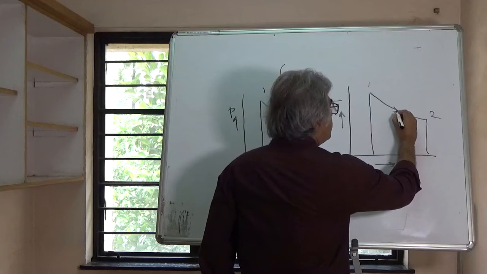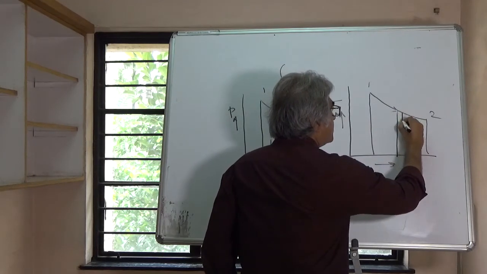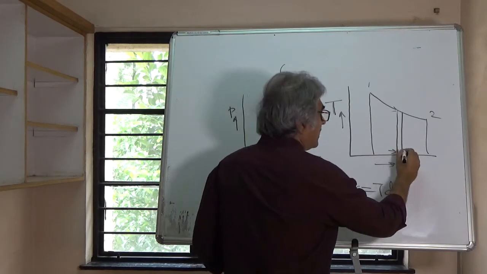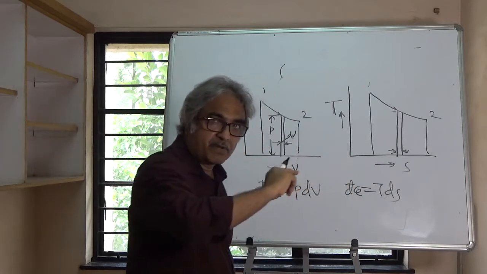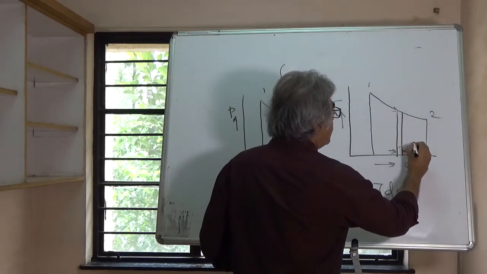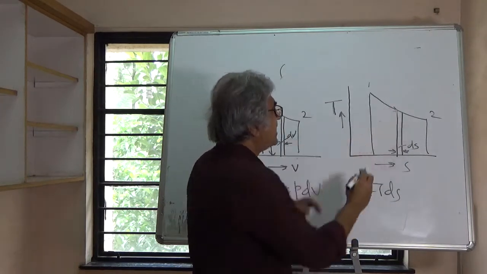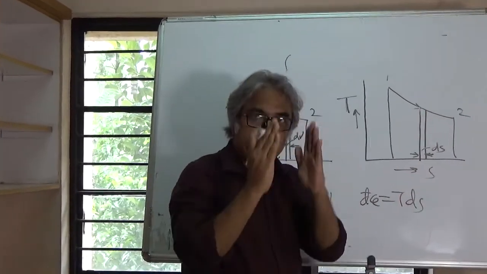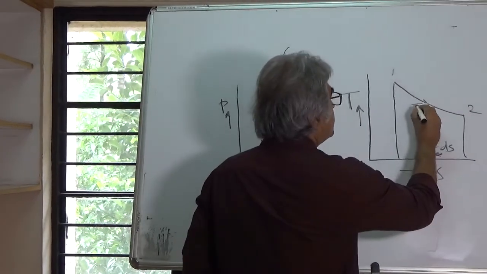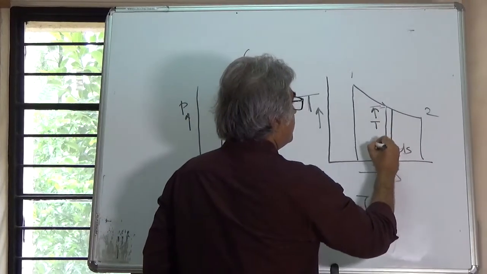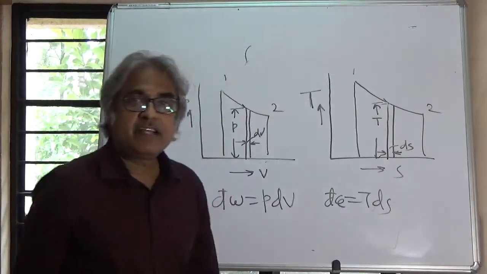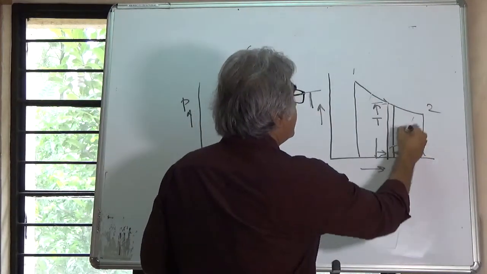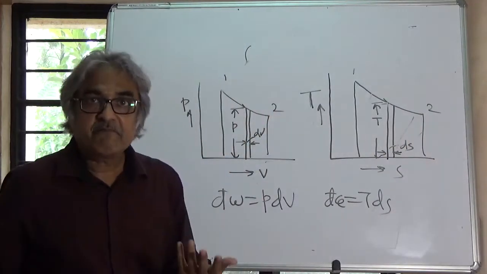So how do we find out this total area which will be heat transfer? Let's consider a small strip. The width of this small strip, because x-axis is representing entropy change, is dS. The height of the strip, because these two strips are bound by two vertical lines, they are close to each other, is T. So the area will be T into dS. This is TdS. Okay. So if you do the integration, you will get this entire area, and that area will be heat transfer.